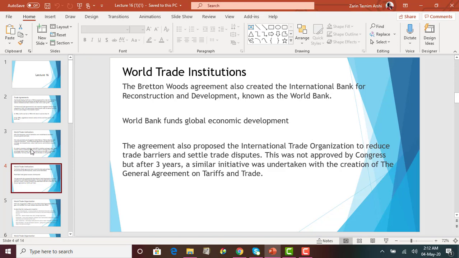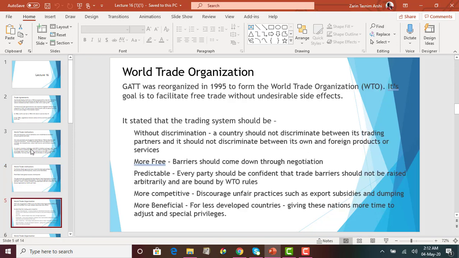Okay, it also proposed other organizations such as the International Trade Organization to reduce trade barriers and settle trade disputes, but that did not happen. But regardless, it did achieve a lot to bring about economic growth as well as enhance trade between the nations.